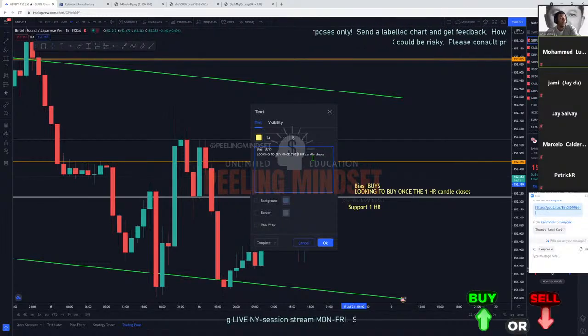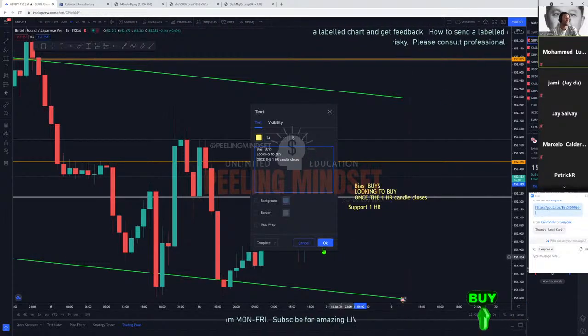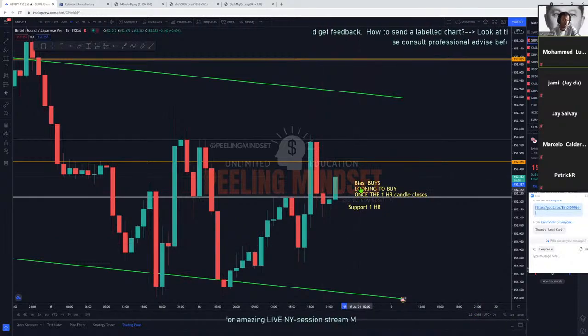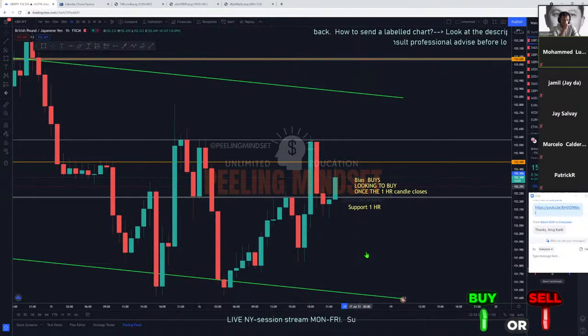You gotta write your thought process and be as expressive as you can. It's gonna help you a lot. So be expressive. Say buy is bias, looking to buy once the hourly candle closes.